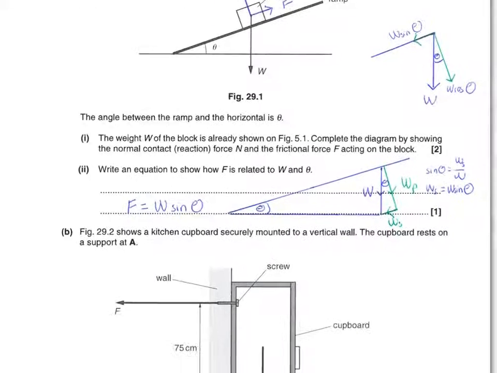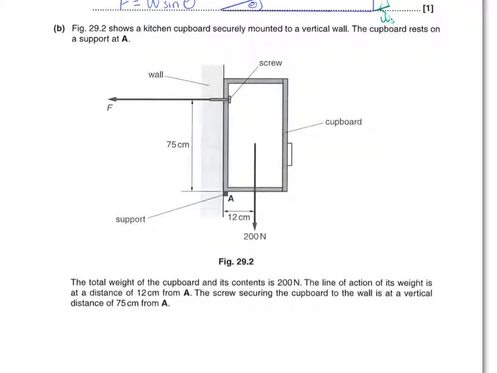Moving on to part B of the question, we have another equilibrium situation, but this time we're going to be using moments to solve the problem. The text just reinforces the information given in the diagram. So we have the weight of the cupboard acting downwards, 200 newtons, at a distance of 12 centimetres from the pivot.